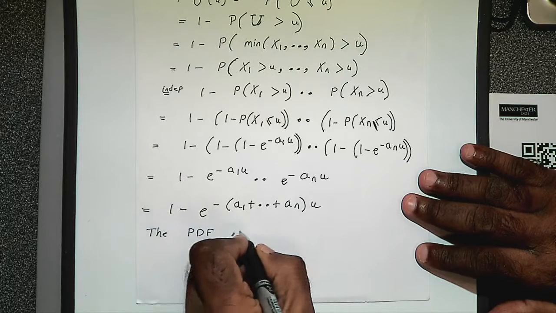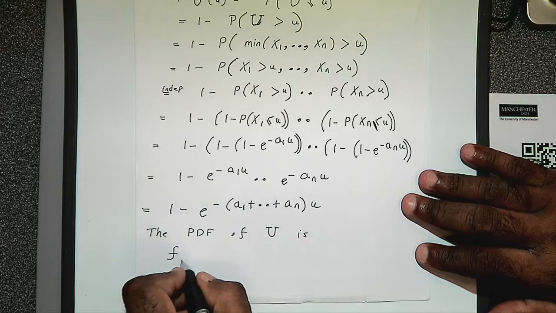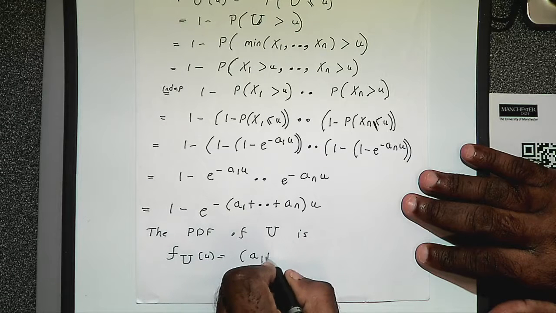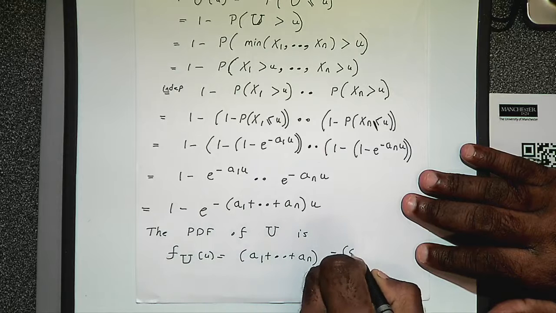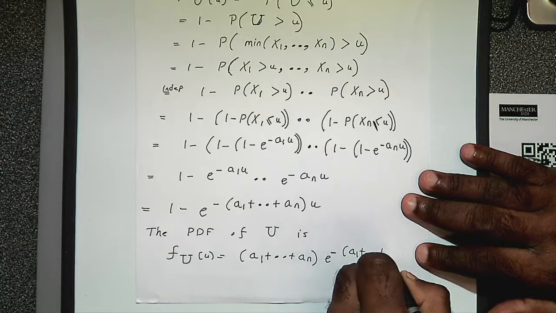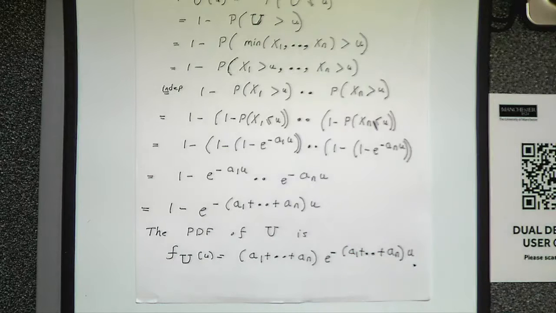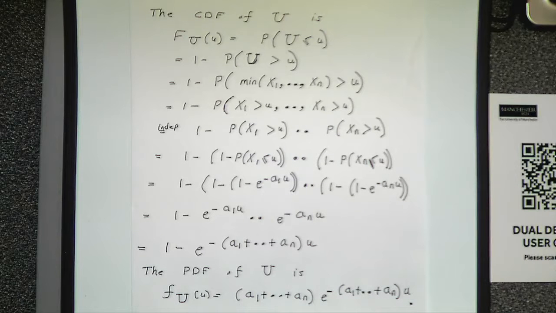The PDF of U is just, you differentiate this with respect to U. Okay guys, so that completes the first part of the question, which is to find the CDF and the PDF of U. You should be able to do the second part by yourself, right?